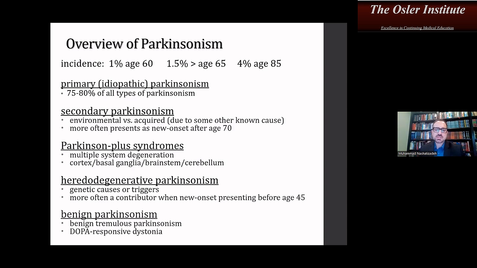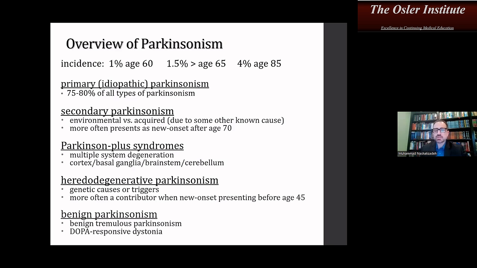But the idea with Parkinson's disease is that there is not a very clear or obvious secondary cause involved, like some of the other conditions where it could be environmental, due to medications, for example, or known cerebrovascular disease causing vascular Parkinsonism. And so your idiopathic regular Parkinson's disease explains about 75 to 80% of all people who have Parkinsonism.